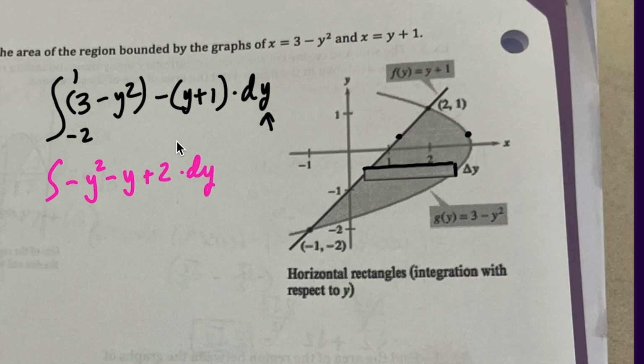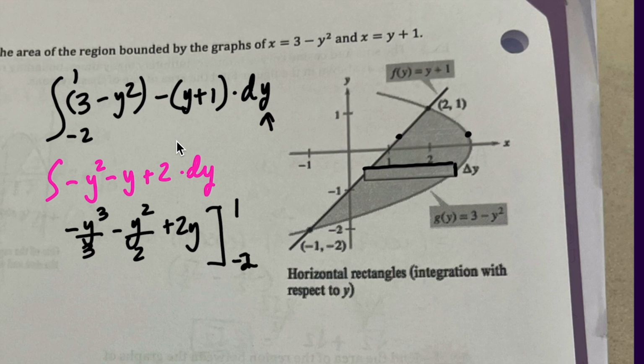We're going to take the antiderivative here, and we're going to have negative y cubed over 3 minus y squared over 2 plus 2y, and we're going to evaluate that from -2 to positive 1. When we plug in the numbers, we're going to get -1/3 minus 1/2 plus 2. That's when you plug in 1, and from that we're going to subtract plugging in -2.